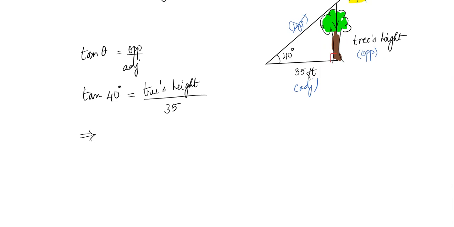You could just call it H. Okay. All right. So the tree's height is 35 times tan 40 degrees. And that will be approximately 29 feet. Because the shadow is measured in feet, the height that you get from this will also be in feet. The height of the tree is approximately 29 feet.